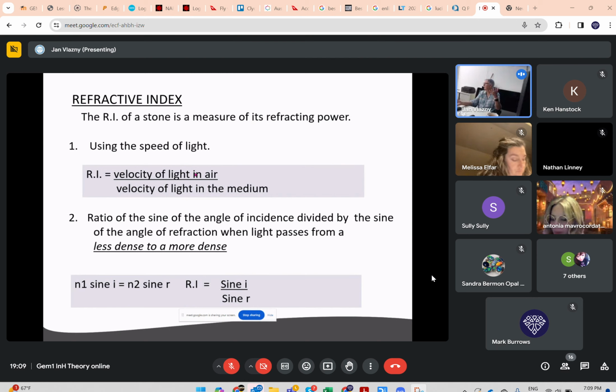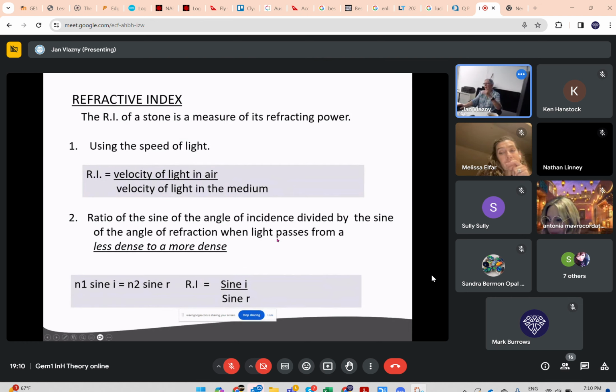300,000 kilometres per second. Should we know that? Well, yeah, put it in somewhere in the recesses. Put it in your notes. 300,000. In vacuum, would that be faster than air though? The light speed is 300,000.